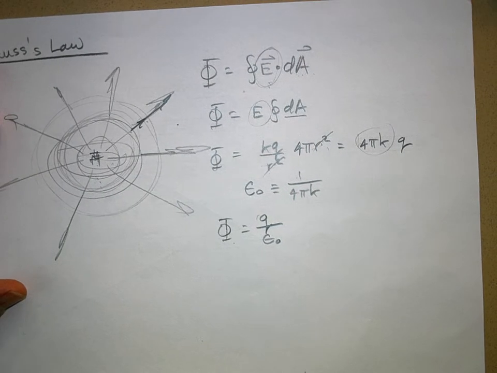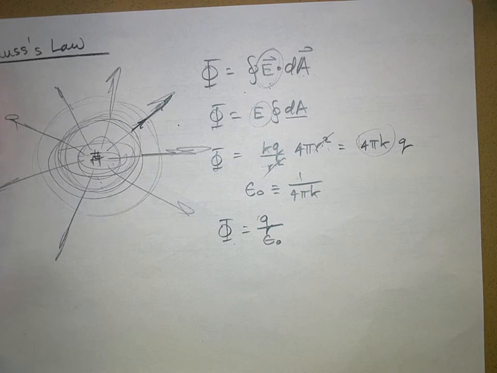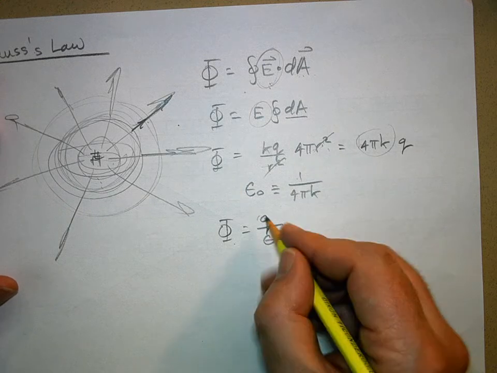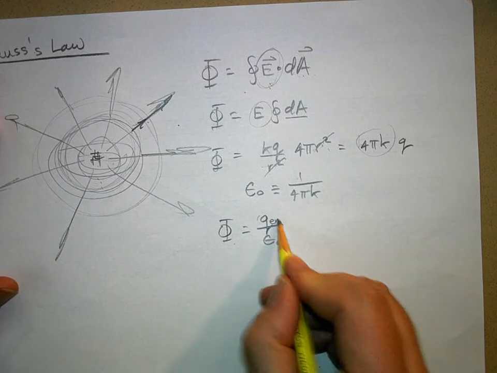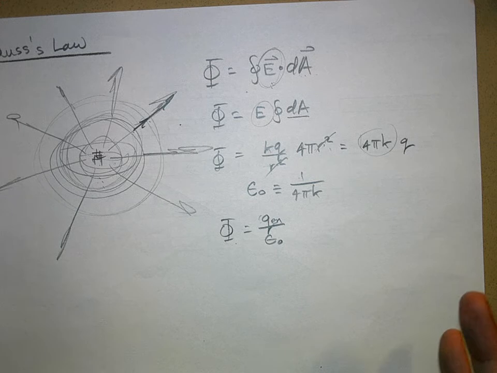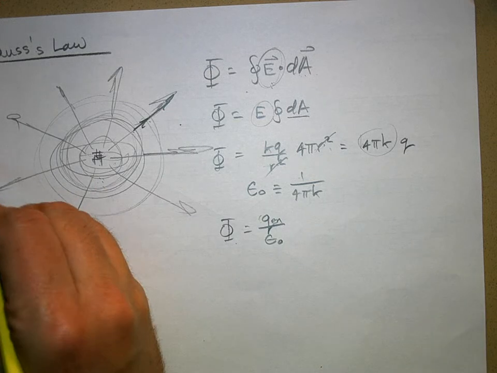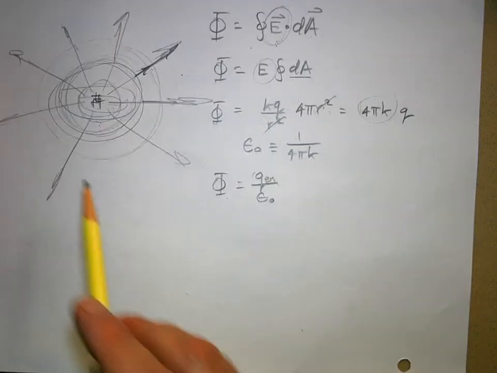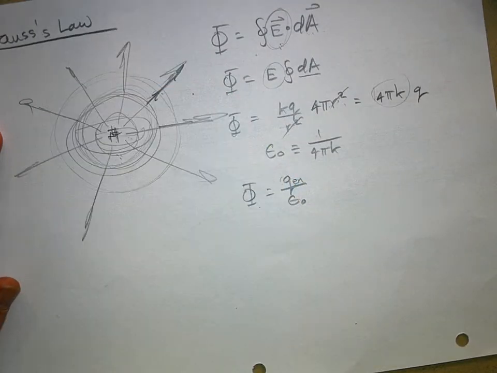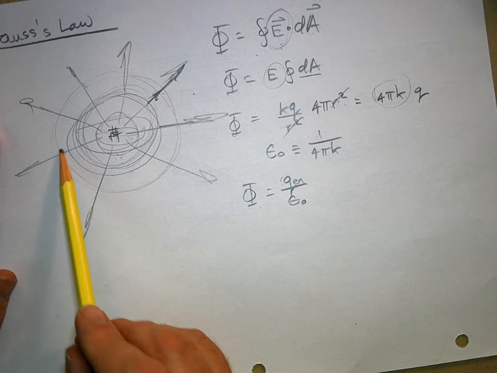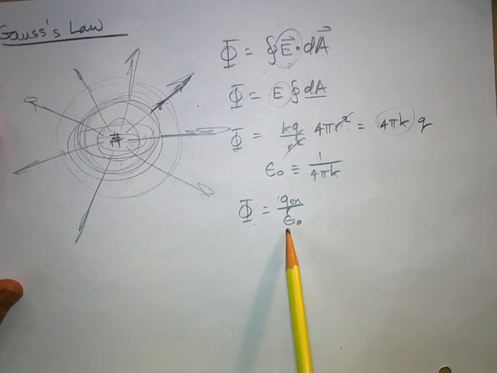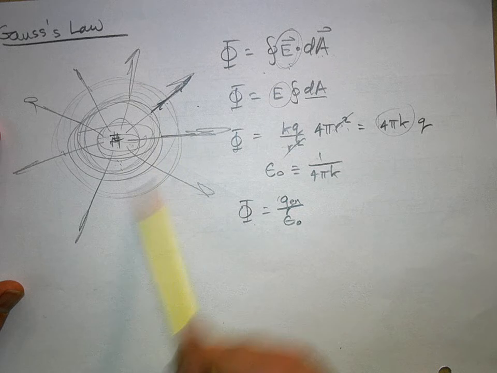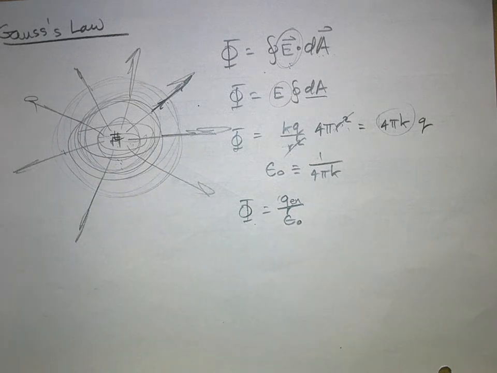Very clever trick. Now, what does this mean? This Q right here is the charge that's inside. If I put some additional charges out here, you might have more fields going on. But if I'm just isolating this situation, the amount of flux coming out of this surface just depends on how much charge is enclosed.